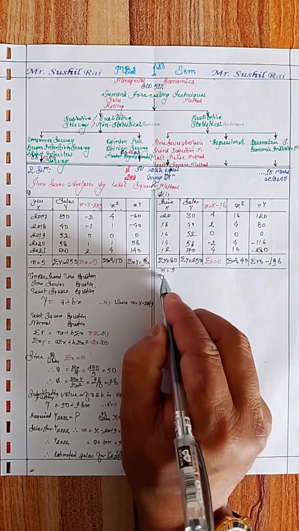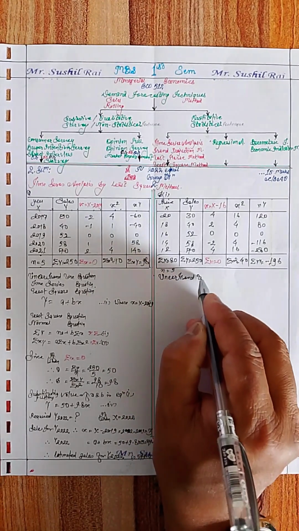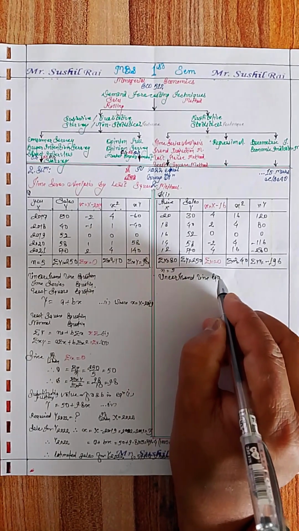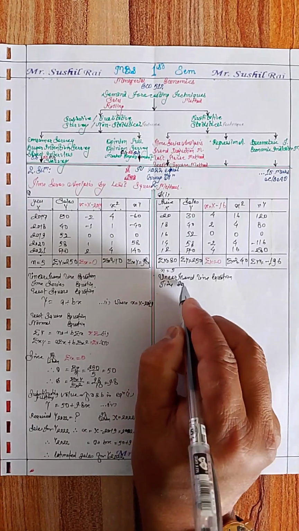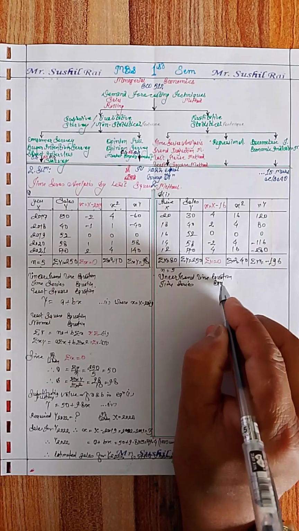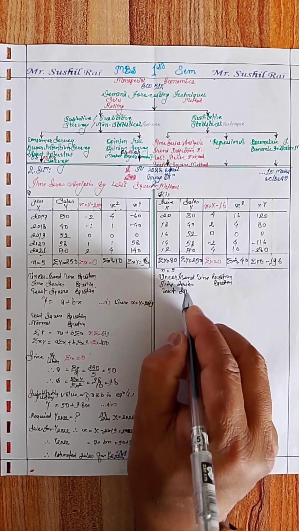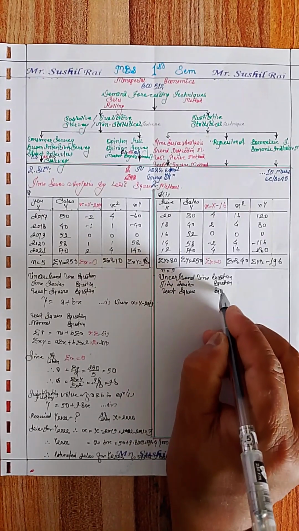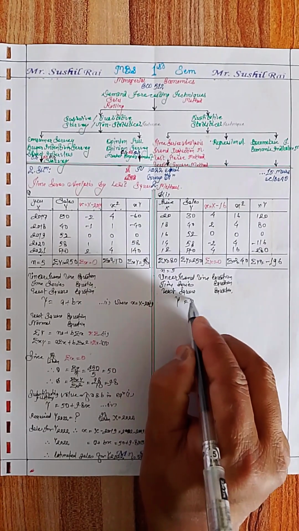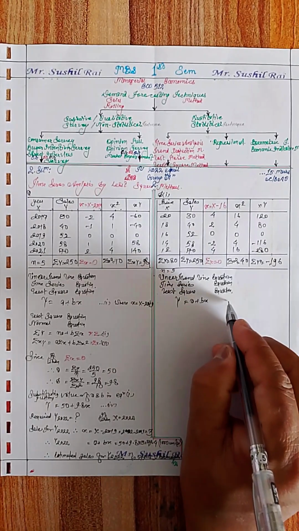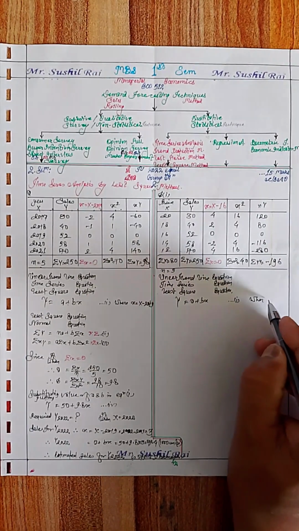Linear trend line equation, time series equation, least square equation: Y is equal to a plus bx, equation 1, where x is equal to X minus 16.